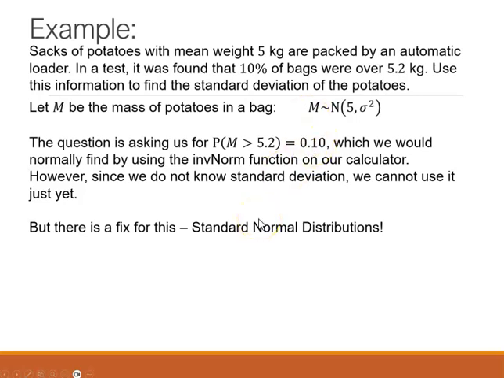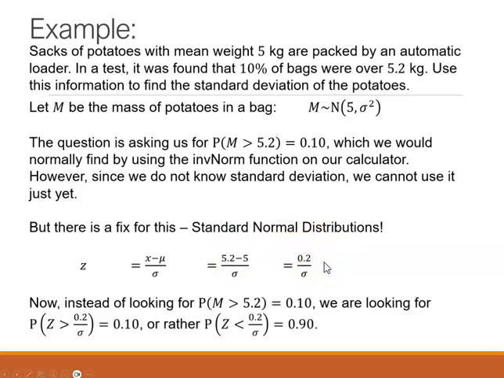I'm going to use a standard normal distribution. So I know that my z-score is going to be x minus mean over standard deviation. So that x minus mean is 0.2 over standard deviation.